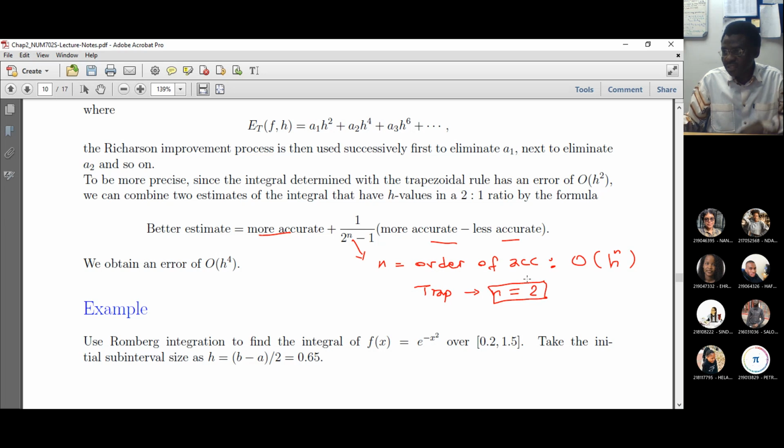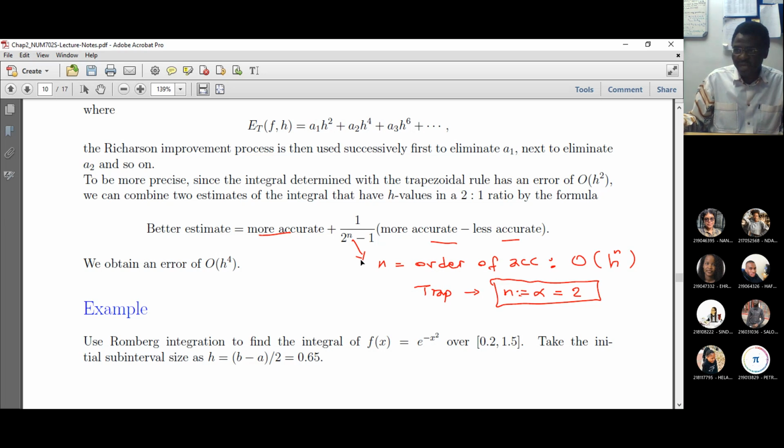So this n is not the same n as the number of subdivisions. No, it's not. I think I already mentioned this. In the other setting, we call that alpha. So I would write here n is alpha. The order of accuracy for the trapezoidal rule is 2.